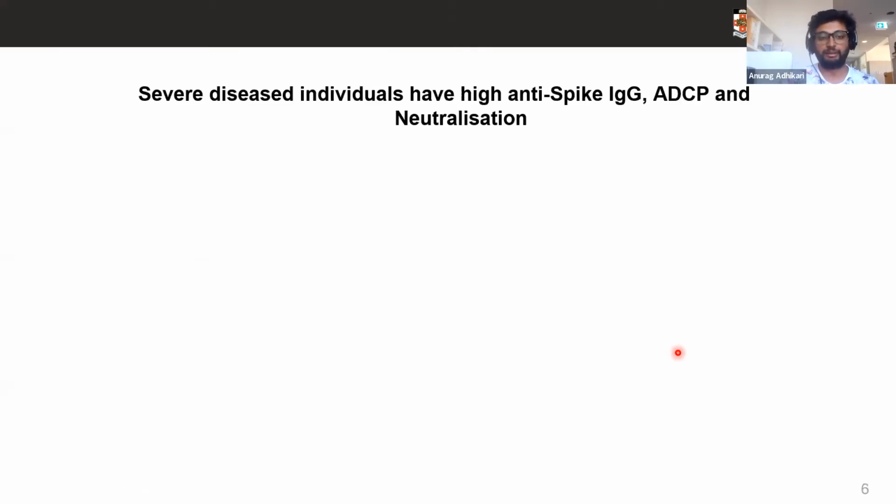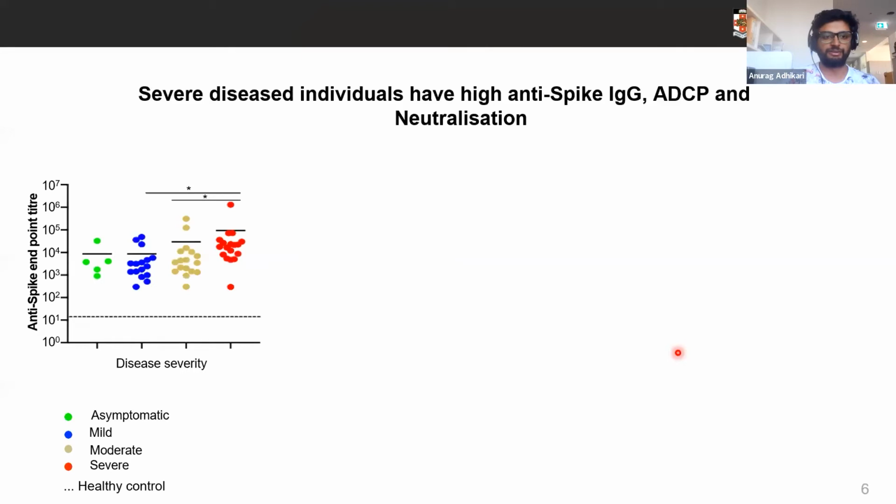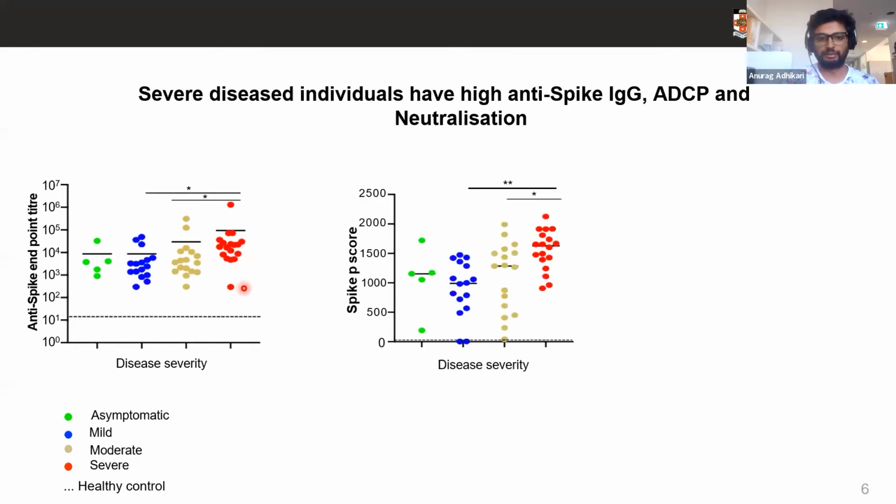So in a nutshell, what we found was, as you can see in the graph, with the green to red showing different disease categories of COVID-19, and then the anti-spike IgG titer, really high titers are found in severe patients. Similarly, there is a higher ADCP score. This is a phagocytic score, a scoring system for ADCP.